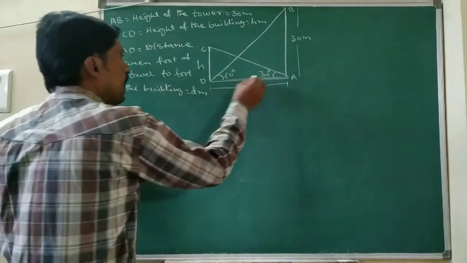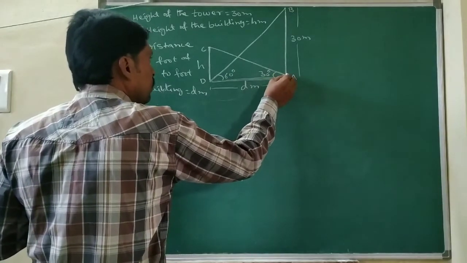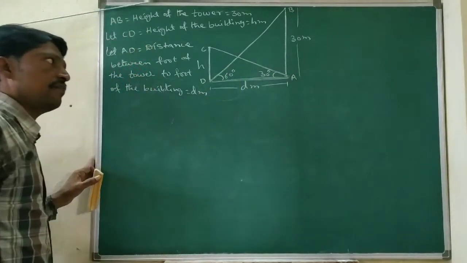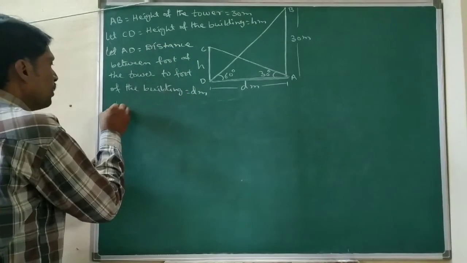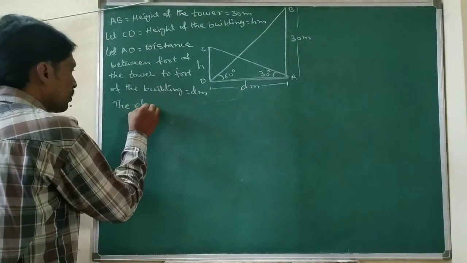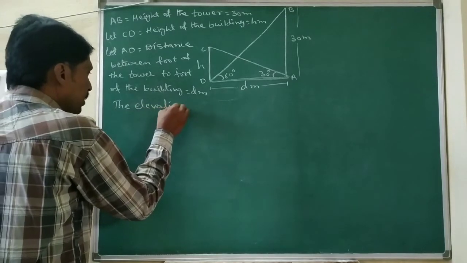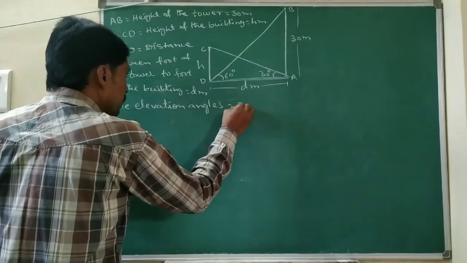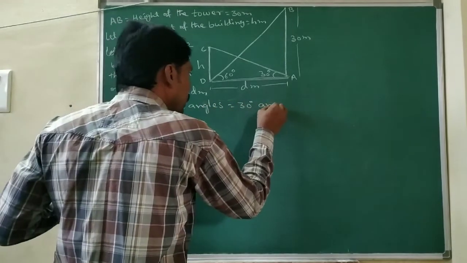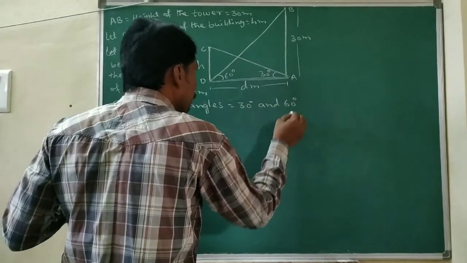Now here angles of elevation are given, from the foot of the tower and from the foot of the building also. So the elevation angles equal 30 degrees and 60 degrees.